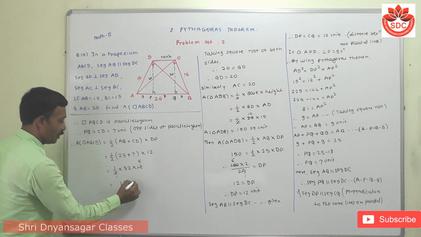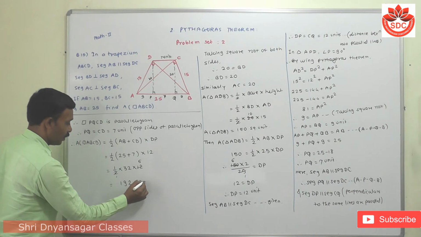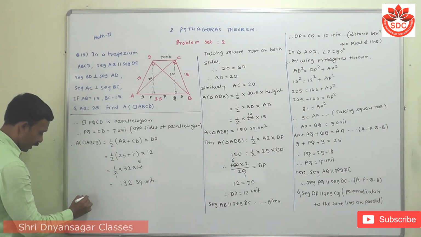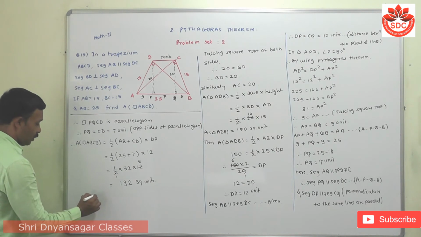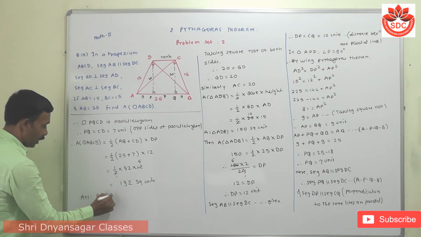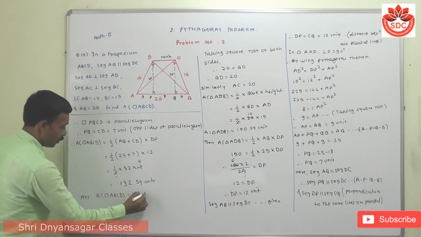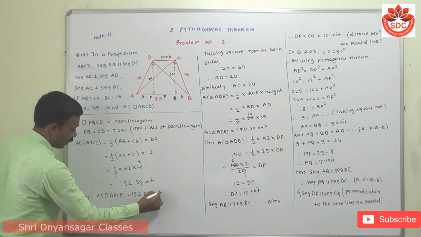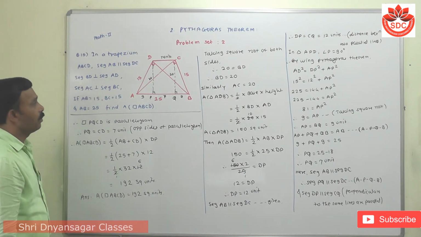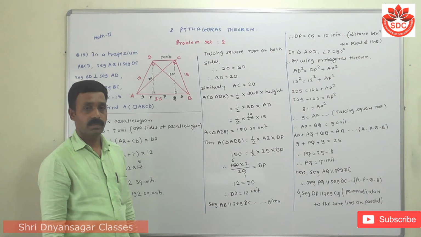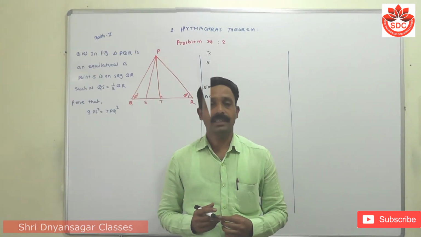Means that this is square. Therefore, the answer in full sentence is that the area of trapezium ABCD is equal to 192 square units. Can you understand this? Okay, so simple question and also important. Let's see the next question.